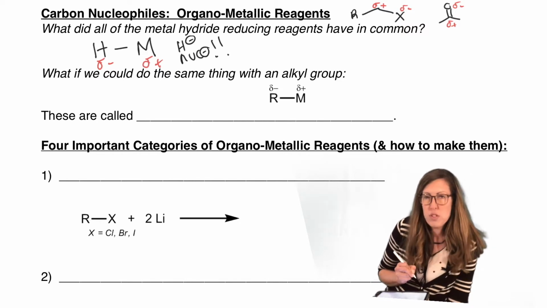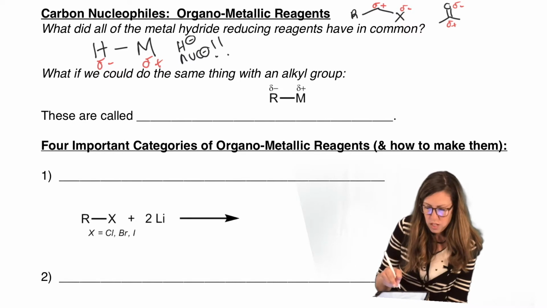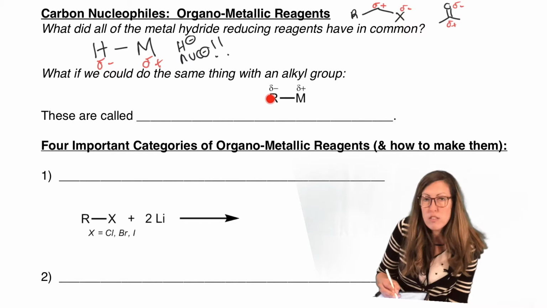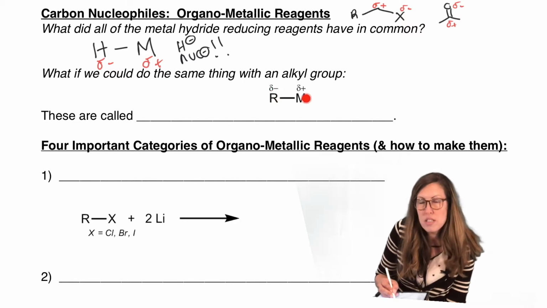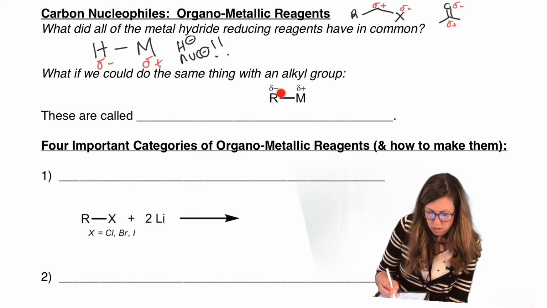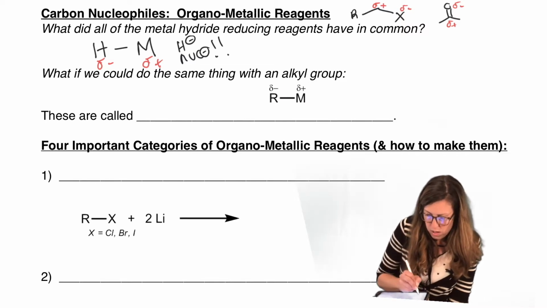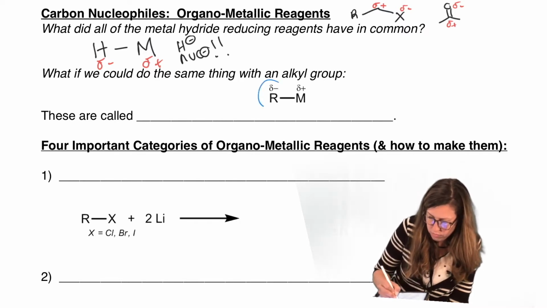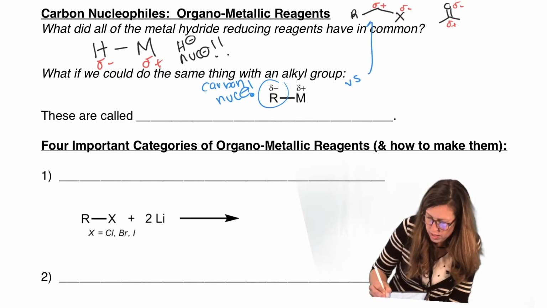That's the same logic we're going to use to achieve a carbon nucleophile. Notice here we have the R group, starting with the carbon, bonded to a metal that is actually less electronegative than carbon, allowing our dipole to put the delta minus on the carbon, giving us the carbon nucleophile. Versus those are carbon electrophiles.